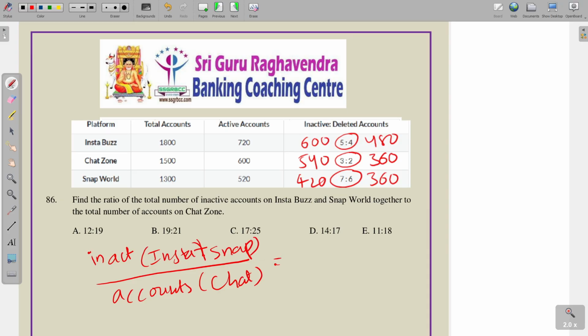Inactive accounts of Insta are 600 plus inactive accounts of Snap World is 420, divided by total accounts of Chart Zone, this is 1500. 1020 by 1500, 00 cancel, 6 one time, 6 sevens 42, 6 2 times 20, 17 is to 25 is the answer for this question.